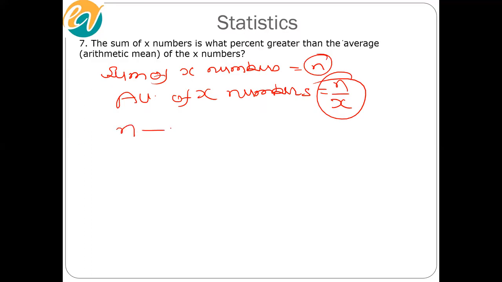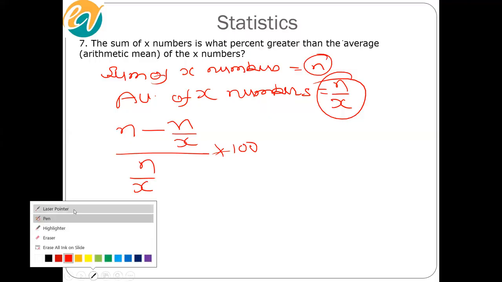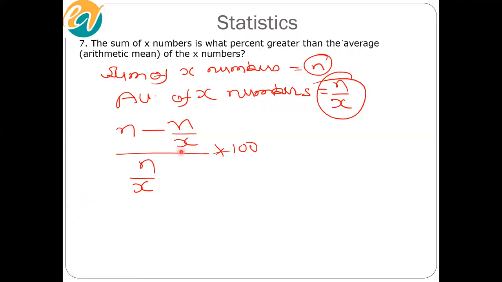Sum is greater than the average by this fraction, and then you convert it into percentage. Please do remember again, whatever is than the average, that comes in the denominator.